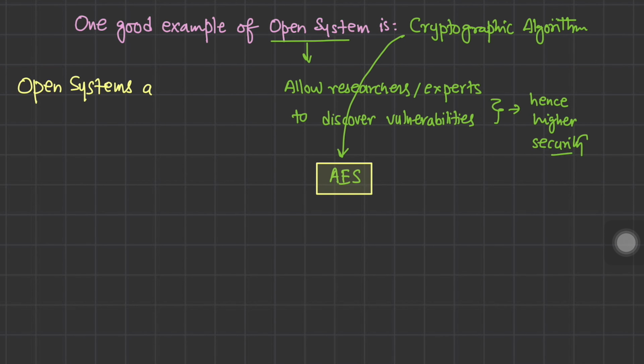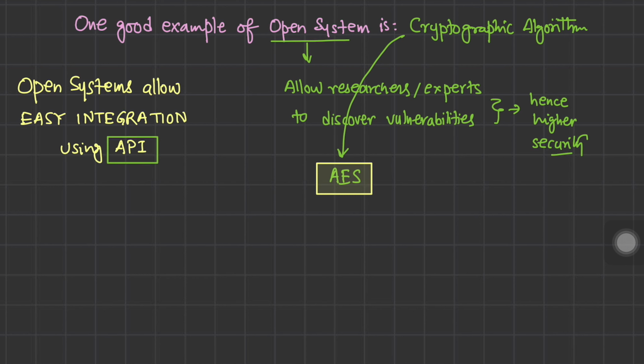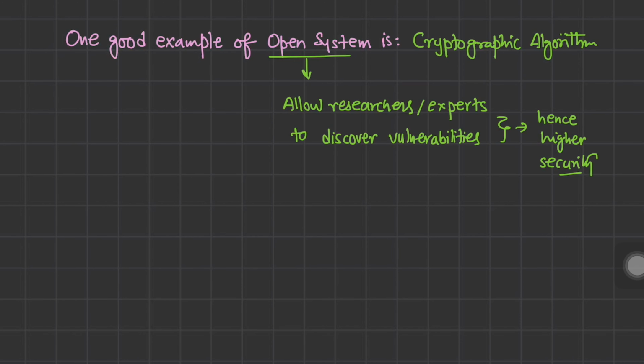Now, open systems allow easy integration using API. API is application programming interface. So if we are building our system on the principle of open design, creating APIs and having an ecosystem of different vendors who are also following open design, we can easily communicate with each other. That's one advantage of open design, right?